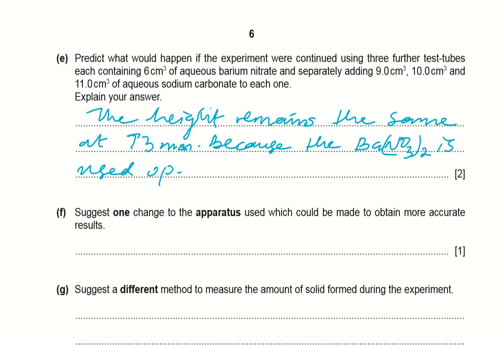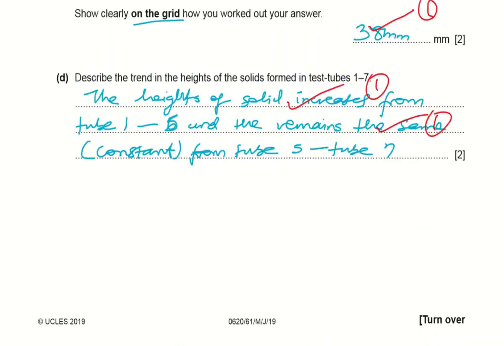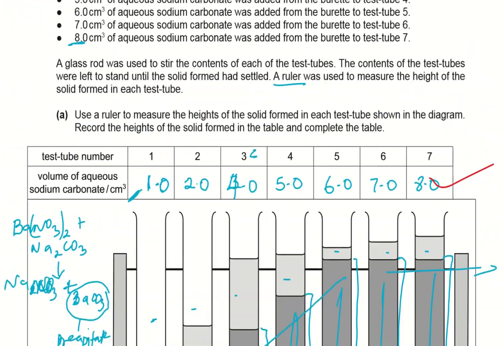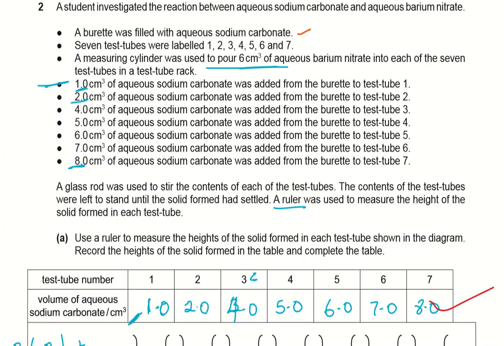Next, just one change to the apparatus used, which could be made to obtain more accurate results. So you need to go back to the experiment. In this particular experiment, what was used for measurement? You use a burette. A burette is a fantastic apparatus for measurement of volume, so we cannot find an improvement here.